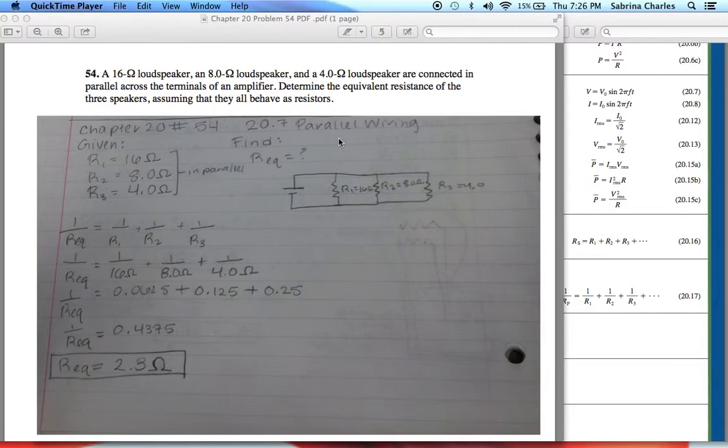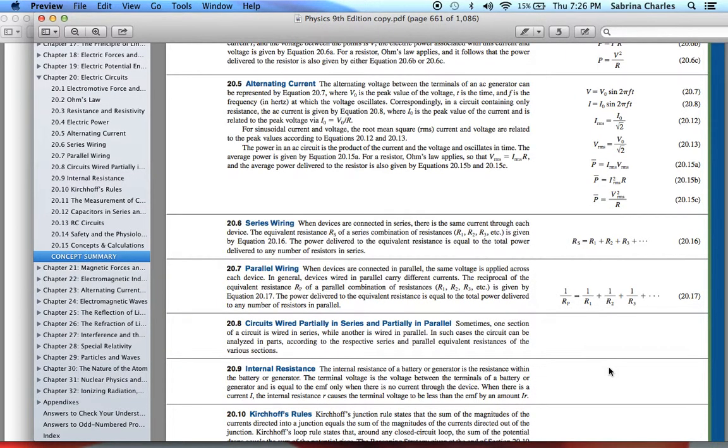So I have a little drawing right here just to represent the three resistors in parallel. So here's R1, R2, and R3. So we're looking for REQ, and that formula is given in chapter 20, section 7, parallel wiring.